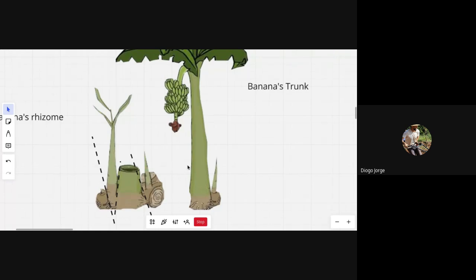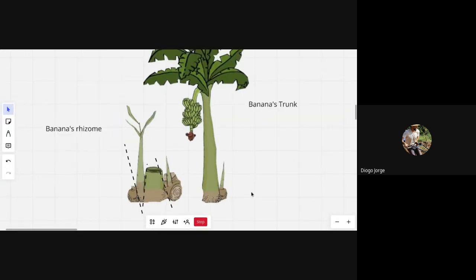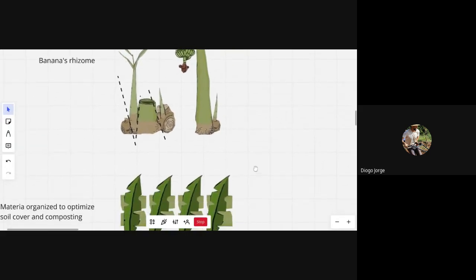So every year a banana produces a cluster of bananas, but also a lot of multipliers, a lot of seedlings. And just as important as harvesting the fruits, it's important to multiply the seedlings, to scale, to make more, and use the biomass.